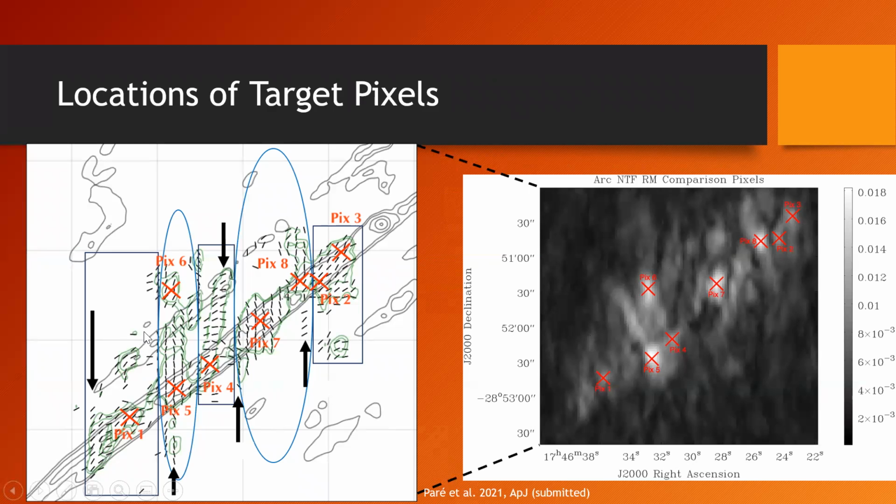So if you look at this figure, we've overlaid the same pixel locations onto our 2019 magnetic field distribution obtained from the VLA. And pixels 1 through 4 are located in regions of parallel magnetic field, whereas pixels 5 through 8 are located in regions of rotated magnetic field.